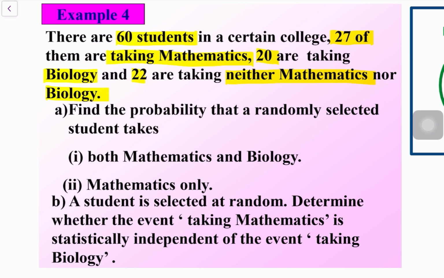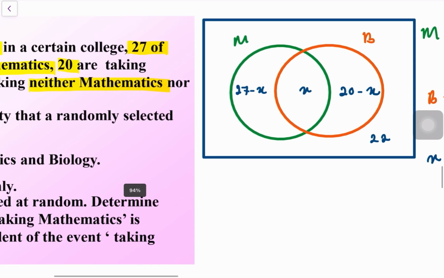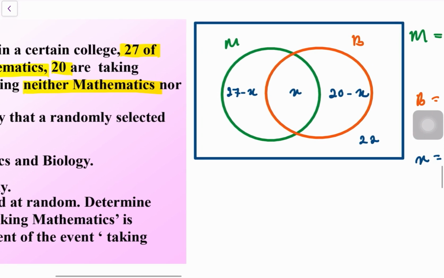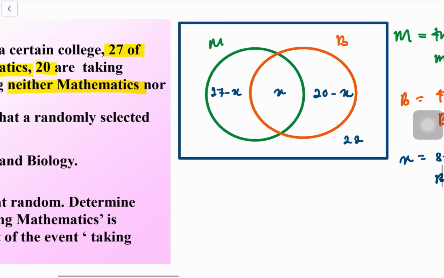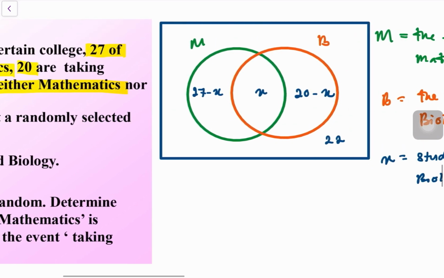So I already illustrated this in a Venn diagram. We're supposed to have this type of Venn diagram, and from this we know that the total sample space is equal to 60.